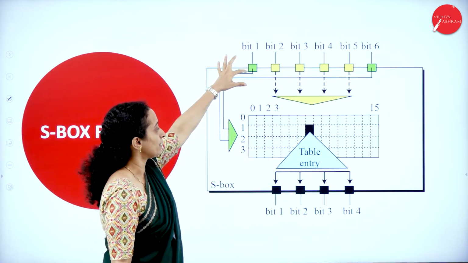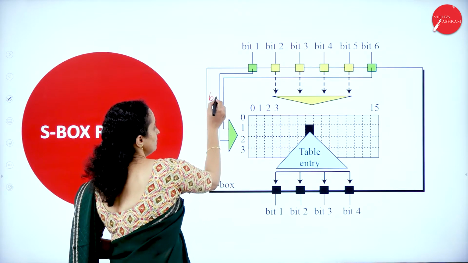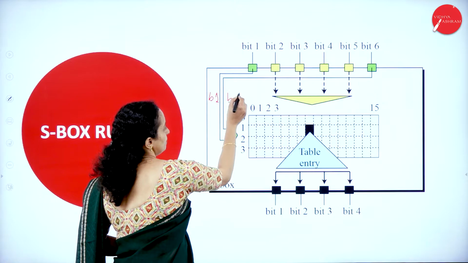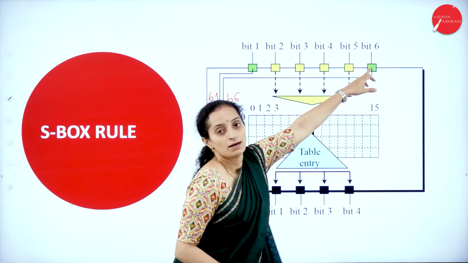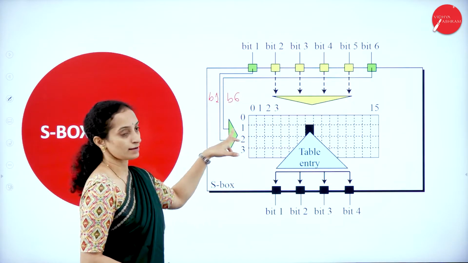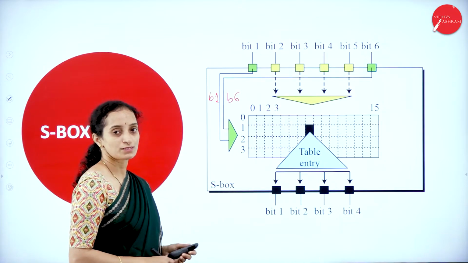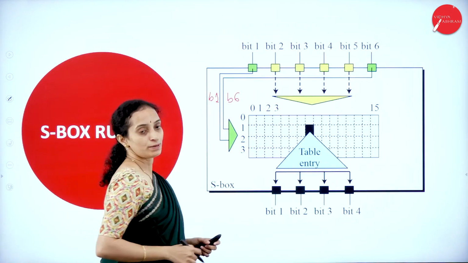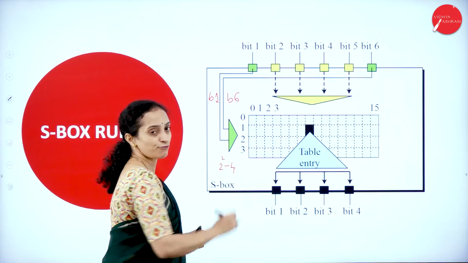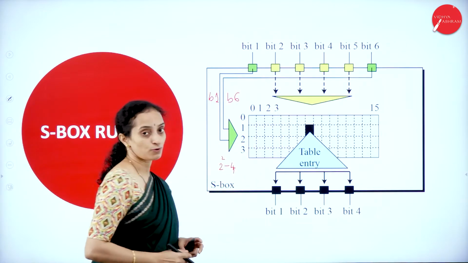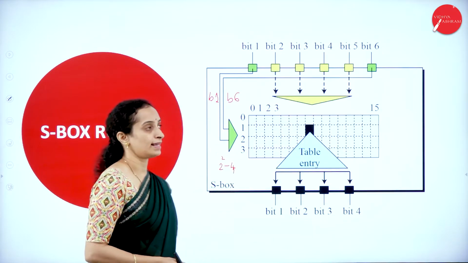Bit 1 and bit 6 are combined to form 4 rows. That is 2 bits, and 2 to the power of 2 is 4, isn't it? So 4 rows are taken.